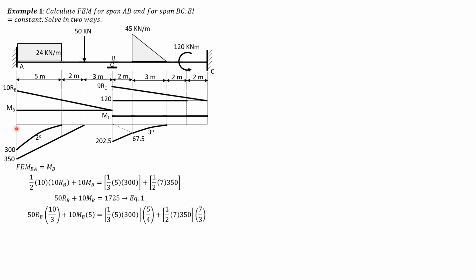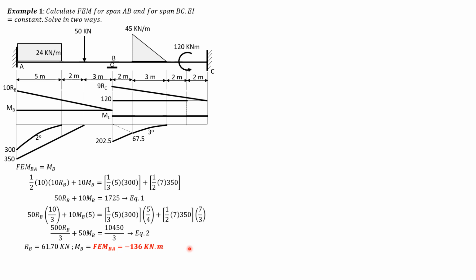Moment arm from A is 1/3 of 7, or 7/3. Simplifying, we have 500/3 RB plus 50 MB equals 10,450/3, equation 2. Solving these two equations simultaneously with our calculator, R sub B is 61.7 kilonewtons, MB, which is the fixed moment BA, is negative 136 kilonewton meter. So that's it.